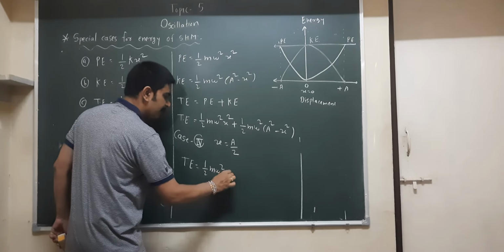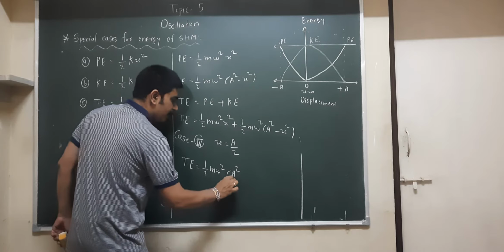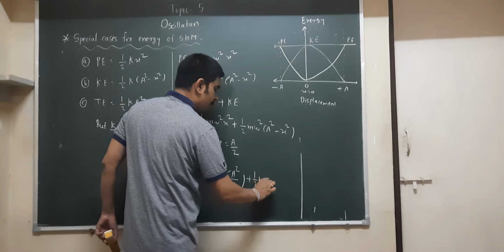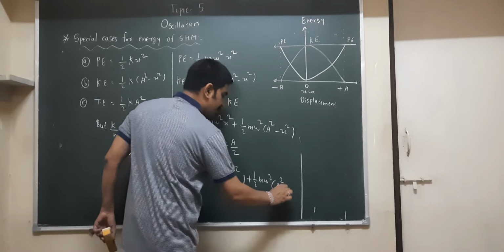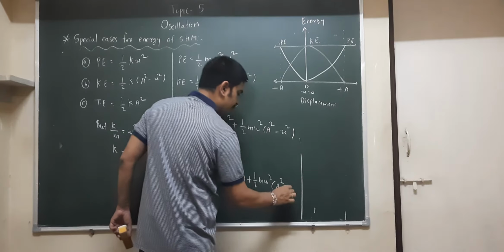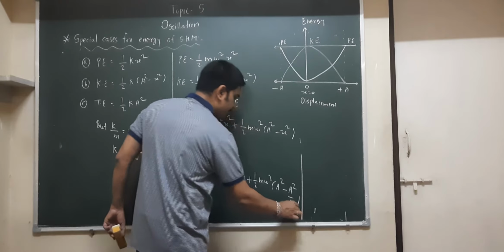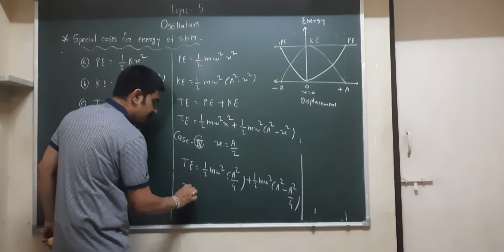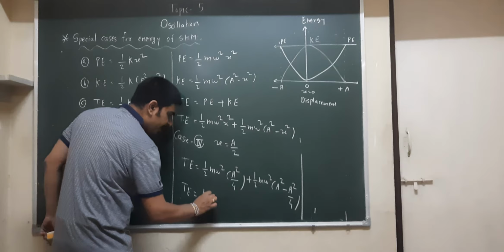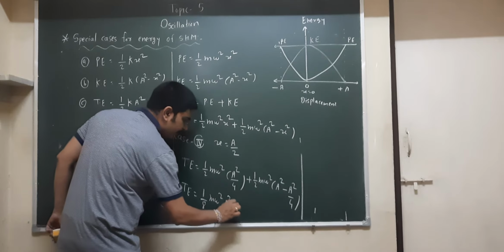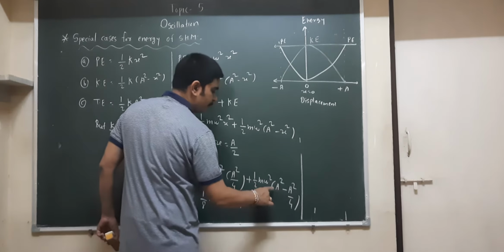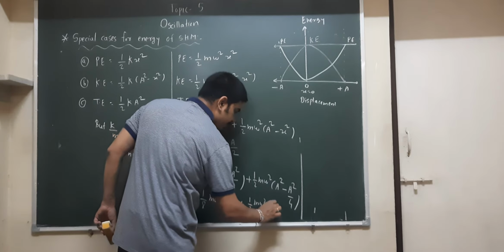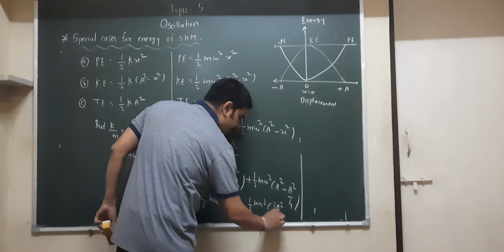half m omega square a square by 4 plus half m omega square (a square minus a square by 4). In place of x square we write a square by 4. So the total energy is equal to 1 by 8 m omega square a square plus, 4 minus 1 is 3, half m omega square times 3 a square by 4.